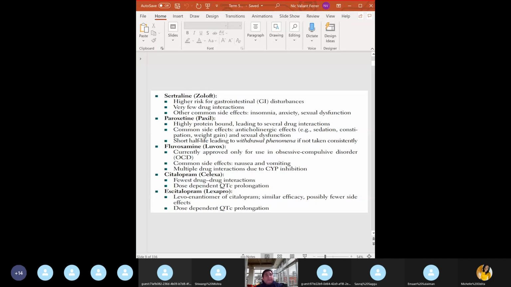Question, guys. Do all SSRIs have a black box warning from the FDA? Yes or no? Yes, they have a black box warning. Why? Does anyone know? The black box warning applies to children and young adults up to age 25.